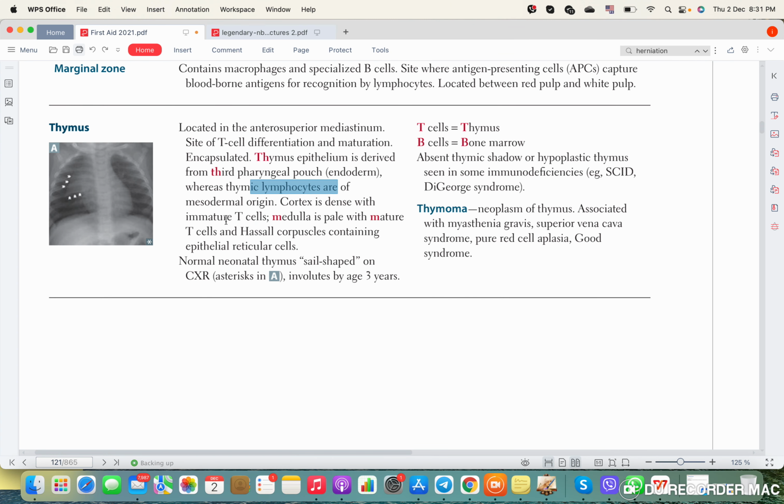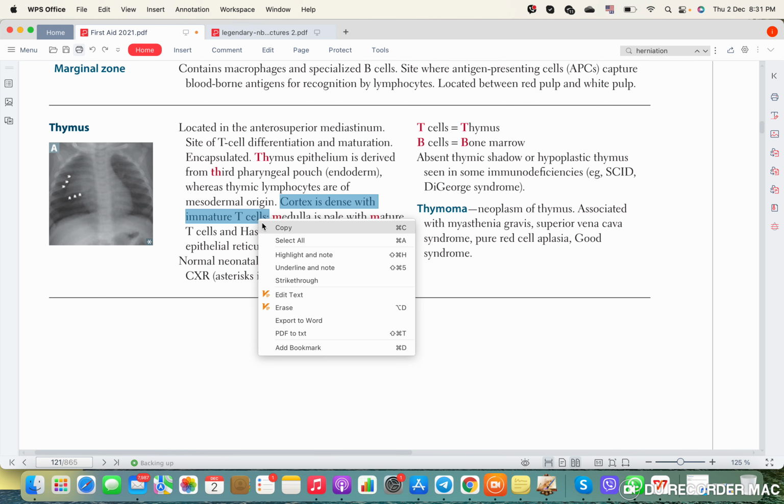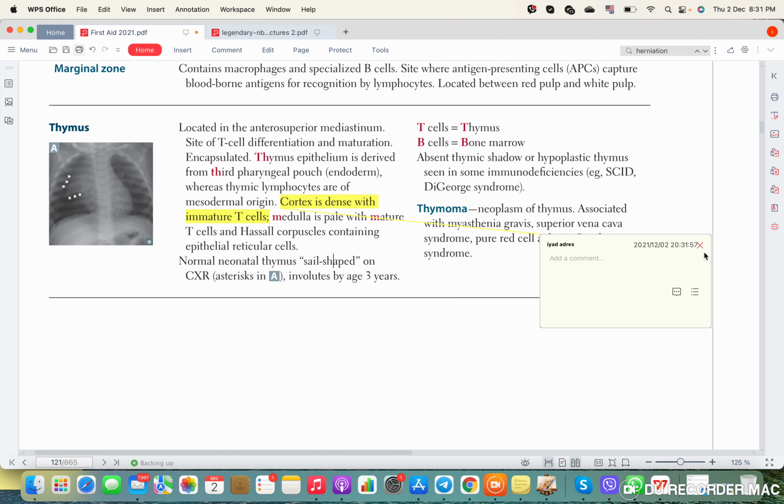So cortex is dense with immature T cells. Here's the thing: the deeper you go in the thymus, the more mature you become. So medulla is pale with mature T cells and has corpuscles containing epithelial reticular cells.